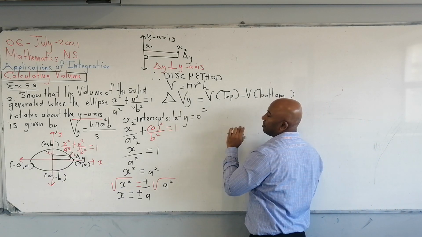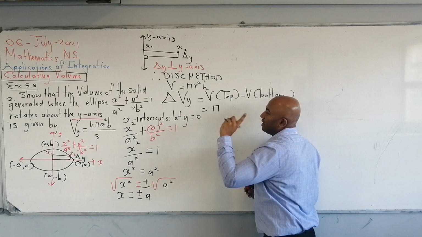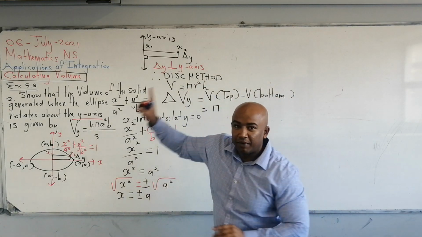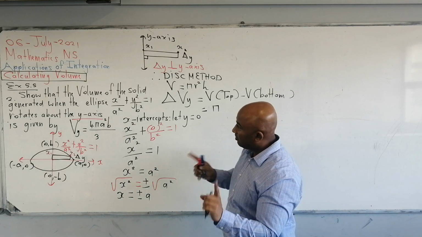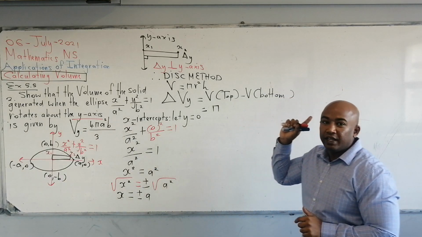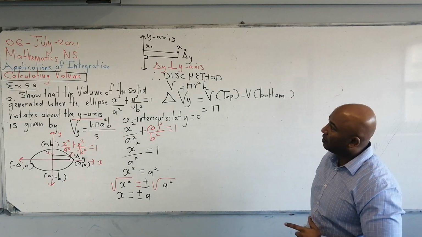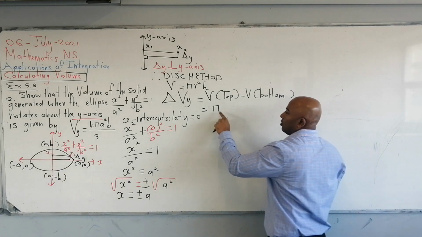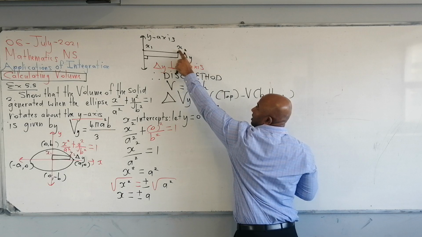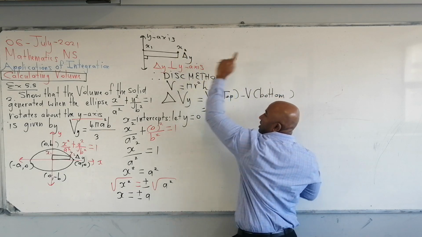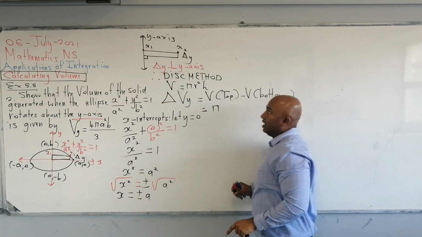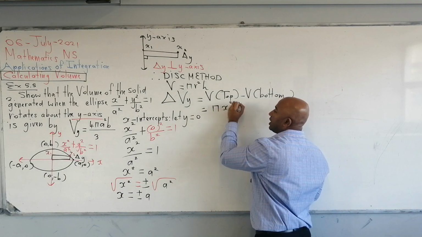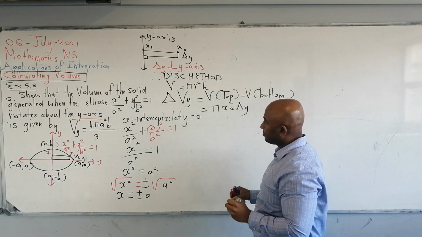So volume of the top graph, that's going to be pi, your radius. So we're going right minus left. Now, if you are unfamiliar, you need to go back to area questions and have a look at how we're looking at the area. So I'm going right minus left. So that's pi. There's your radius on the right, and there's your radius on the left. So it's going to be pi x2 squared delta y.